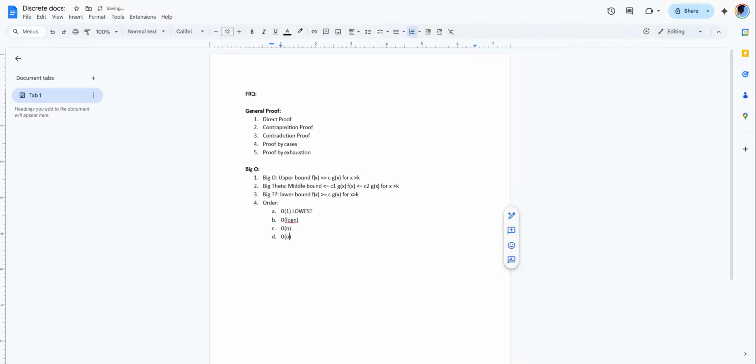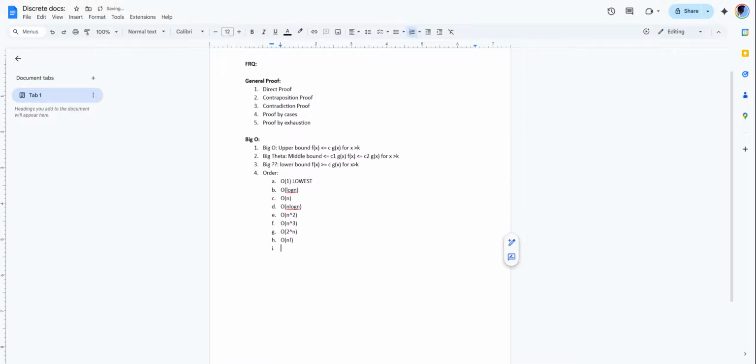Next one should be O(n log n). This should be O(n squared). This should be, just to show that exponents always raise it, O(n cubed). I think it should be 2 raised to the n, and then the last one should be n factorial. It should be the big O.